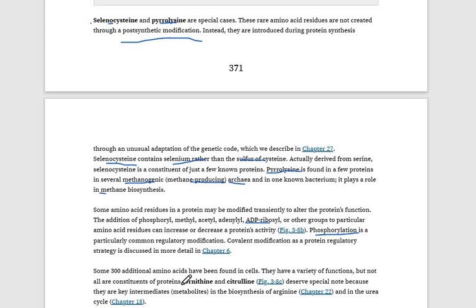Other is ornithine and citrulline. They deserve a special note because they are key intermediates. Ornithine and citrulline are key intermediate metabolites in the biosynthesis of arginine and in the urea cycle.